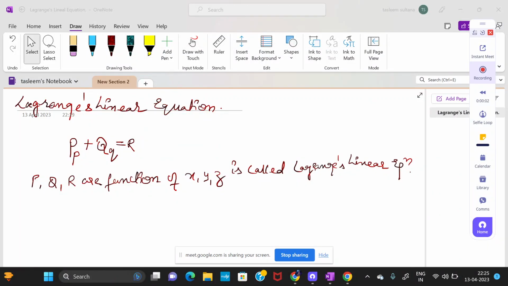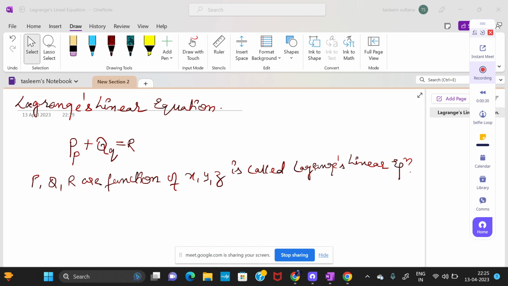Yes, Aditya. The Lagrangian equation will be in the form of capital P suffix small p plus capital Q suffix small q is equal to R, where P, Q, R are functions of x, y, z. This is called Lagrange's linear equation. After that, you write the auxiliary equation for finding the general solution.